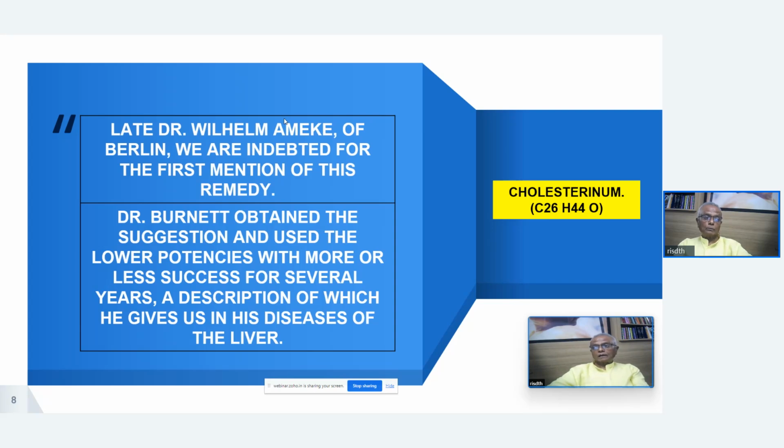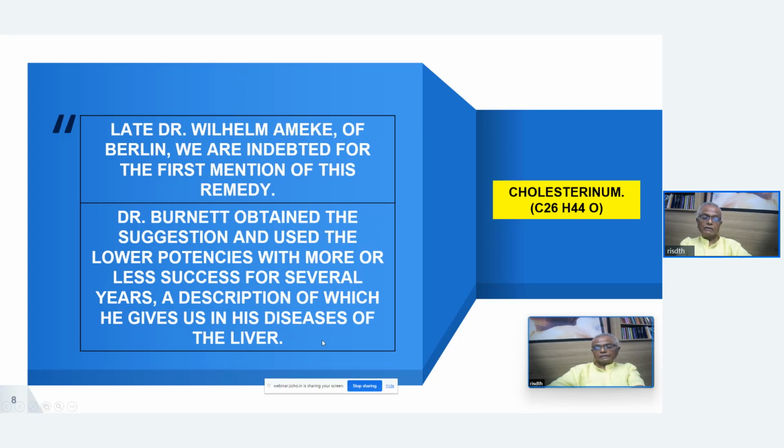Then you may know that Burnett was the pioneer in the study of the nosodes and the sarcodes. So Burnett obtained the suggestions and used the low potency with more or less success for several years, with descriptions which he gives us in his Diseases of the Liver.